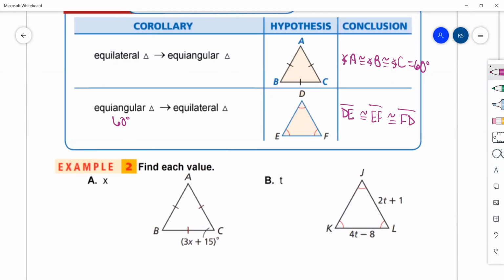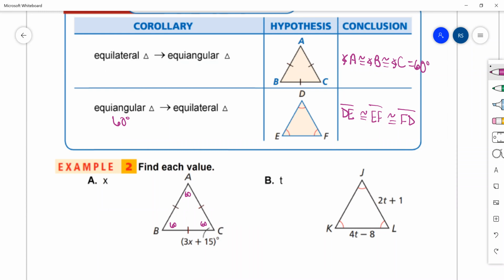Okay, so they ask us to find the value of x. Well, we're told here that this is an equilateral triangle, which means it's also equiangular. So all angles have to be 60. So how can I solve for x?